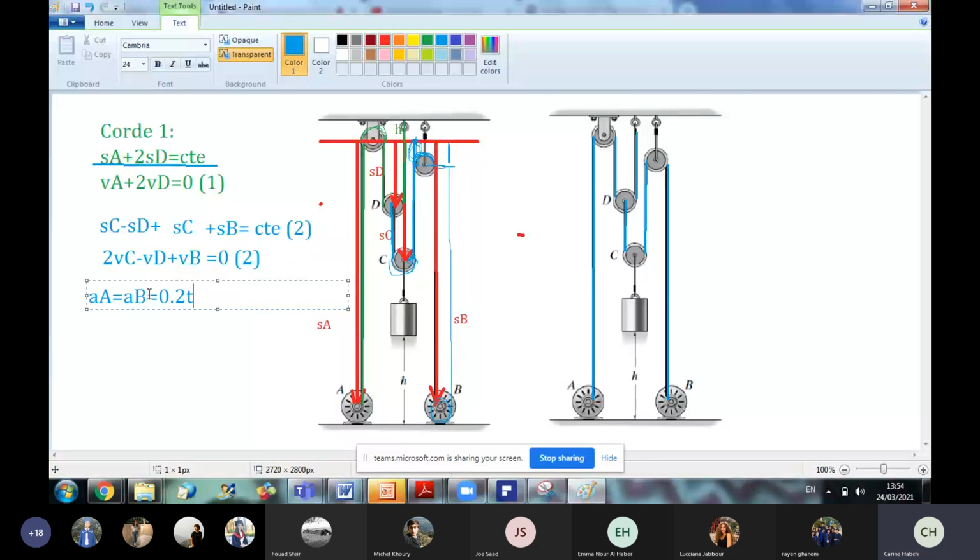The instantaneous velocities always verify these equations, so of course the average velocities also verify the equation.